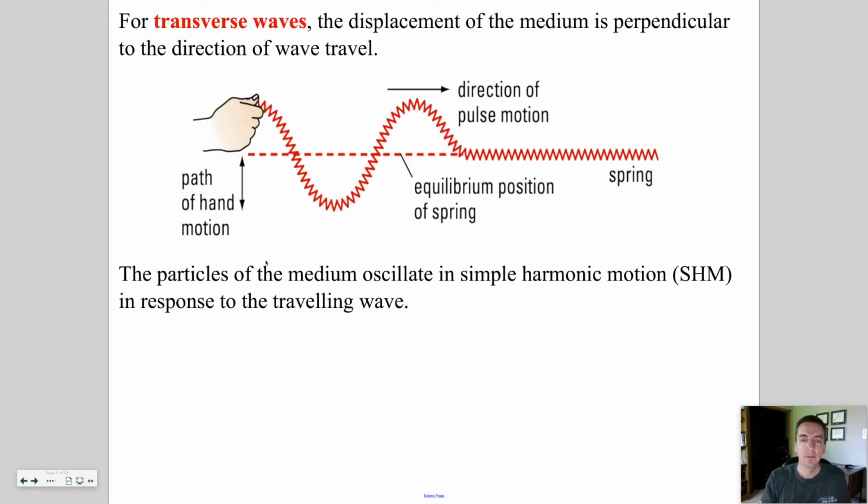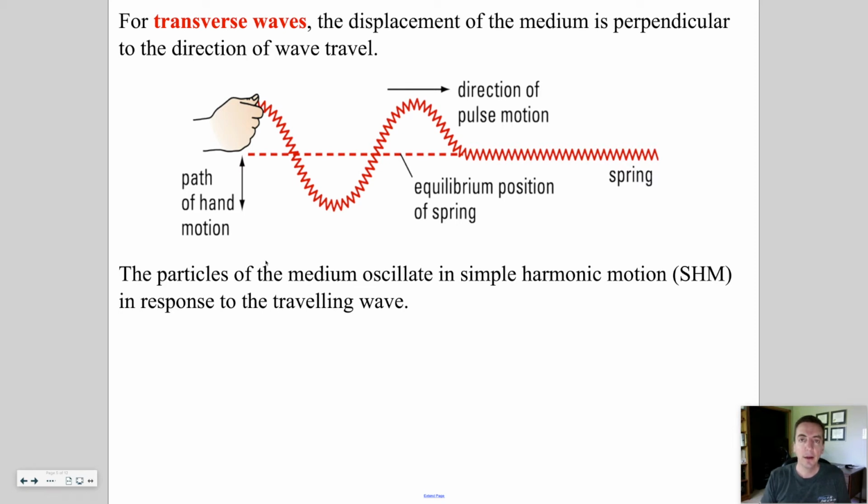But let's say he moves his hand back and forth, back and forth, back and forth. What he's doing is generating a transverse wave. The spring is the medium in which the wave travels. And notice the relationship between the direction that the wave is traveling and the direction that the person is moving his hand.